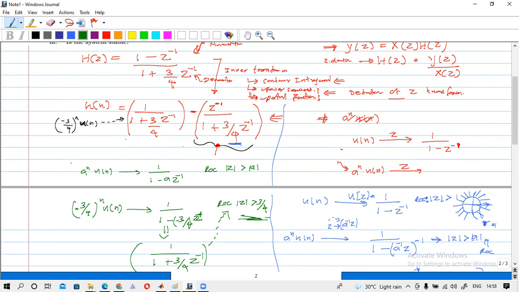So don't worry. Not only in Z transform, also for the Fourier transforms and the discrete Fourier transform, you will get the same thing.